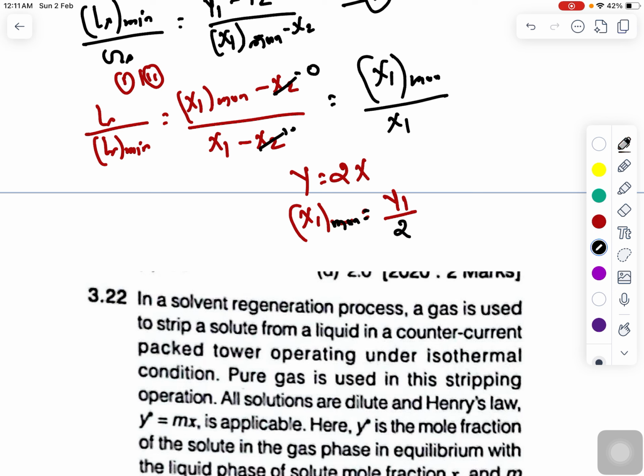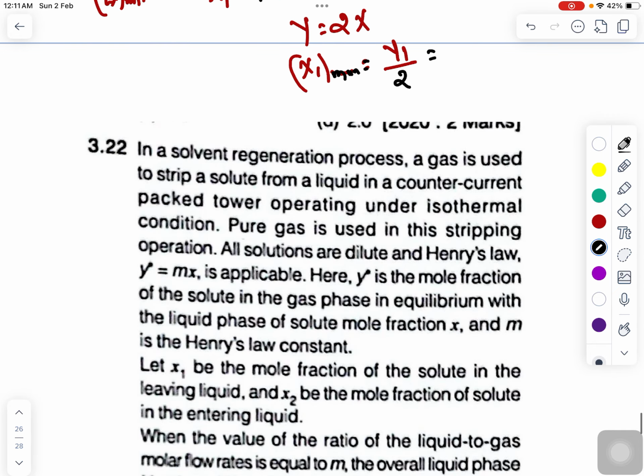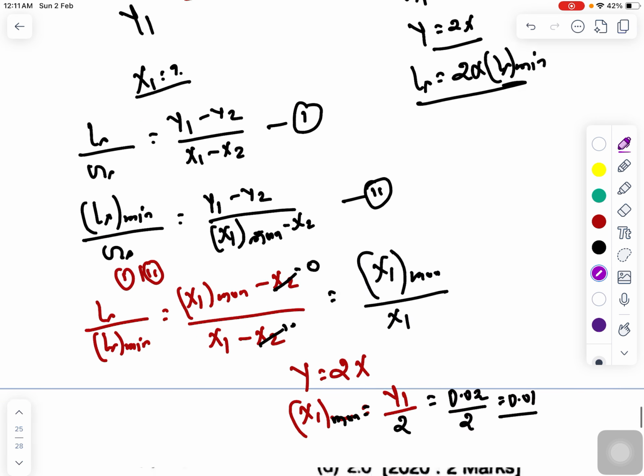So x1 max will be equal to y1 by 2. And y1 is 0.02. So x1 max is 0.01.